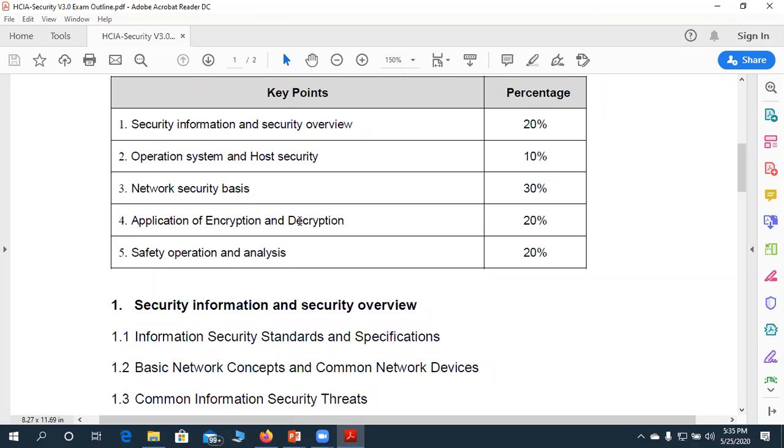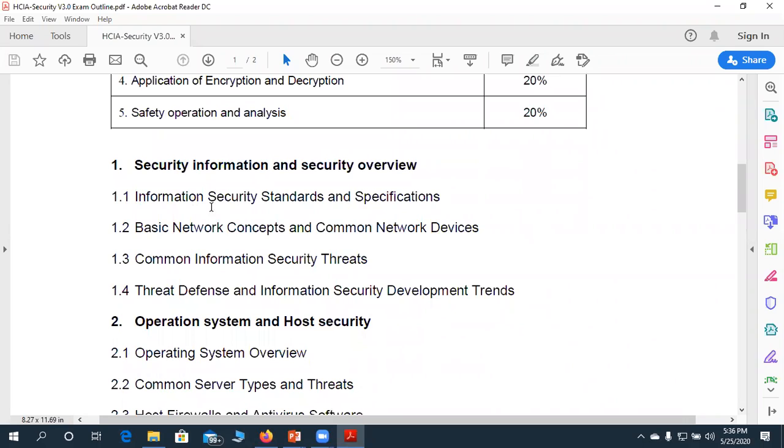Application of encryption and decryption makes 20% of the exam. And lastly, safety operation and analysis makes 20% of the exam. Okay, so this is how it is.